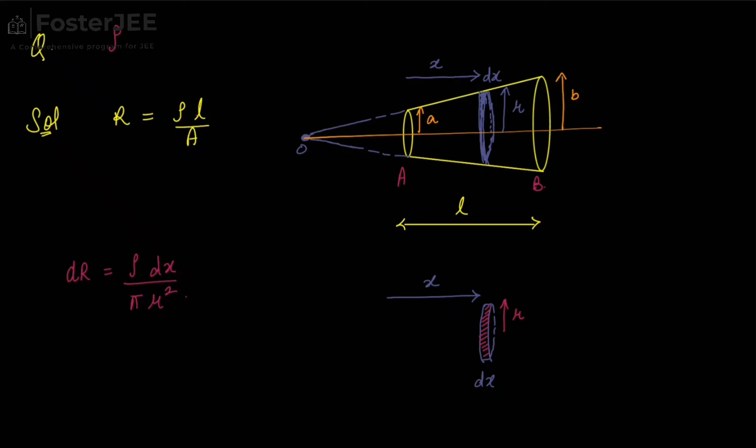For getting r in terms of x, let's focus on this diagram. Suppose this angle is alpha.